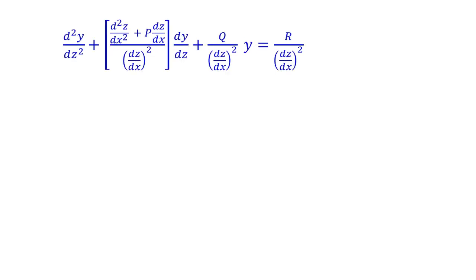Therefore, we get d²y/dz² + [d²z/dx² + p dz/dx]/(dz/dx)² · dy/dz + q/(dz/dx)² · y = r/(dz/dx)². We shall take this as p1, this as q1 and this as r1.